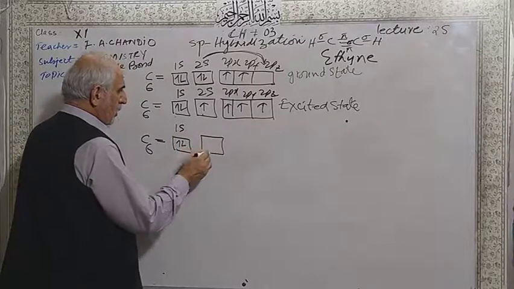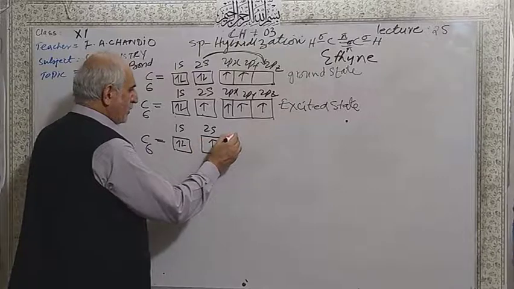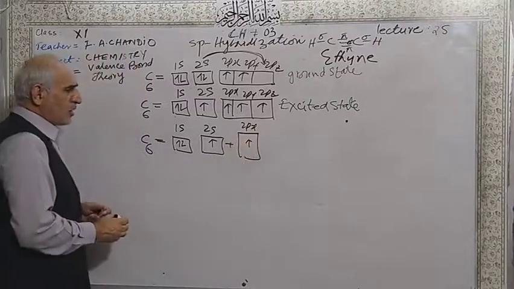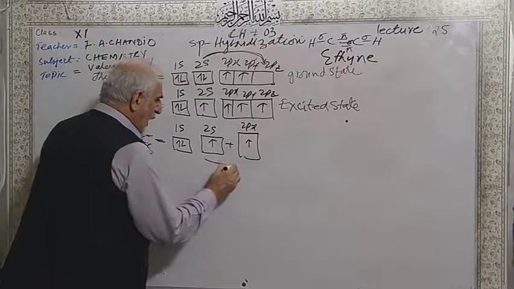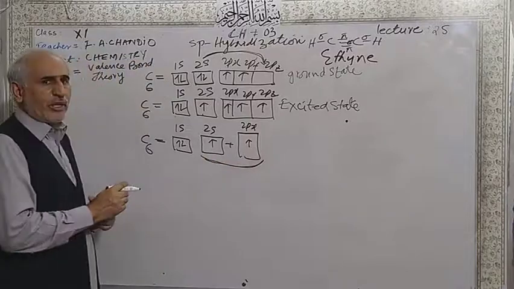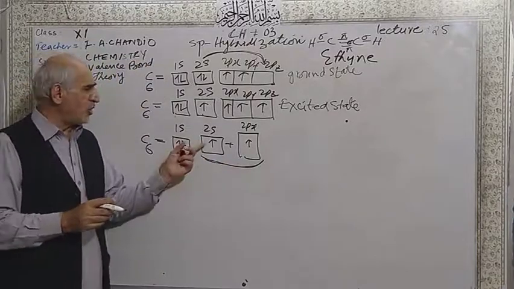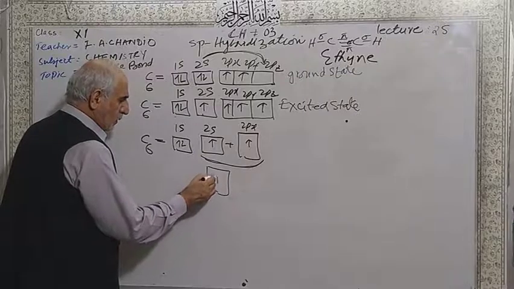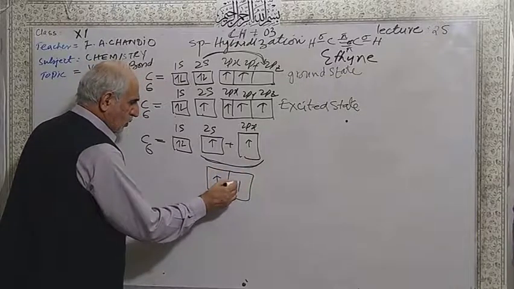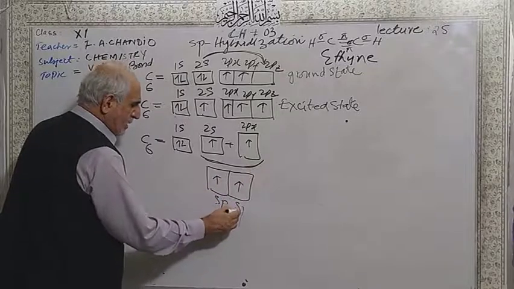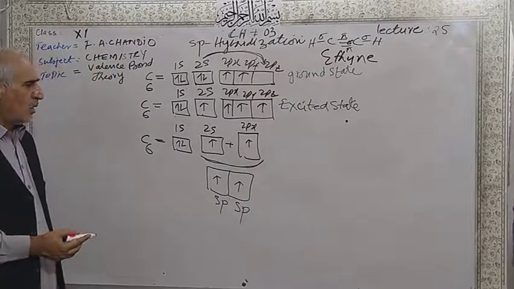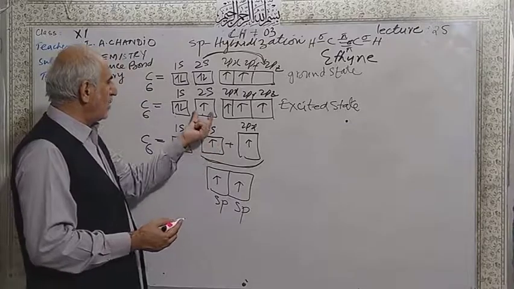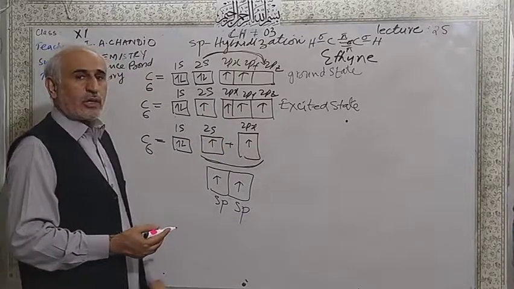Now 2s1 plus 2px1, they are going to intermix in a 1:1 ratio, to give this sp hybridized and this sp hybridized orbital. So there are 2 hybridized atomic orbitals only. 2s and 2px are going to intermix.